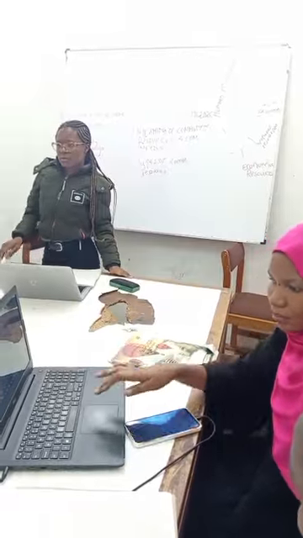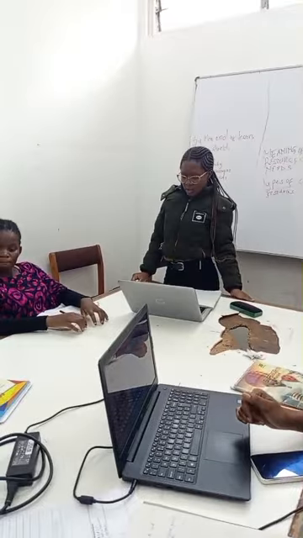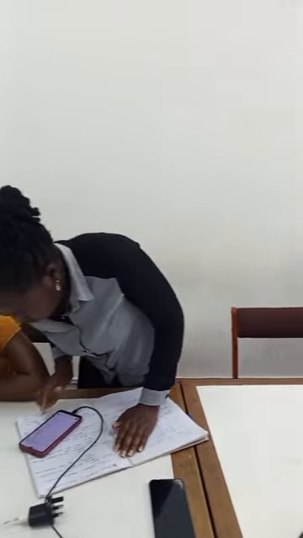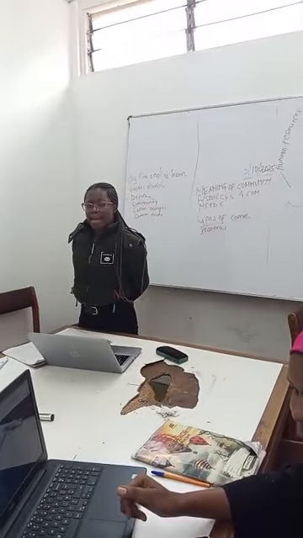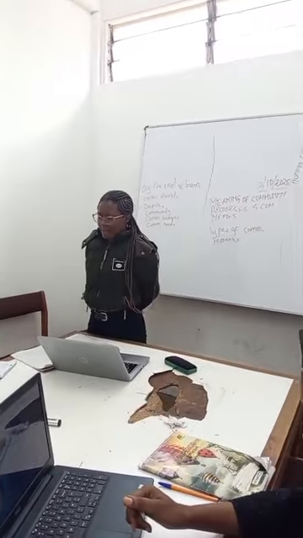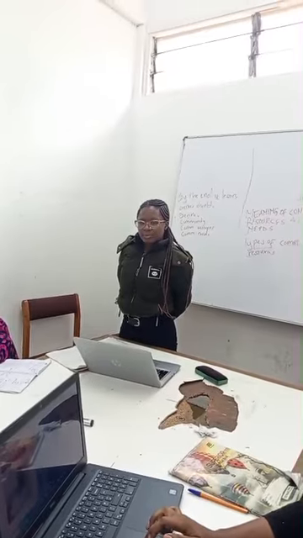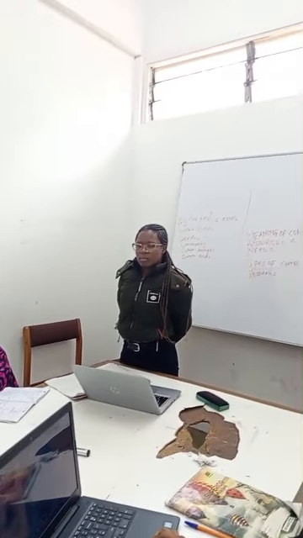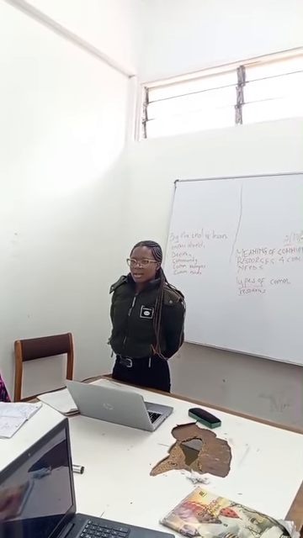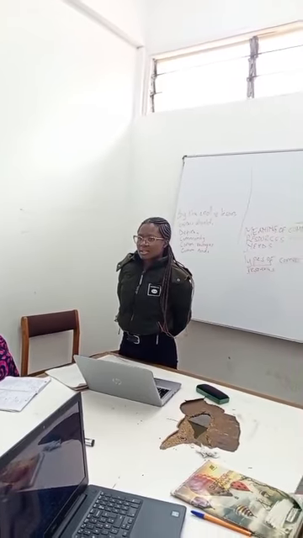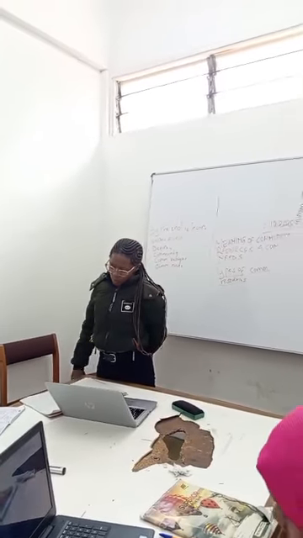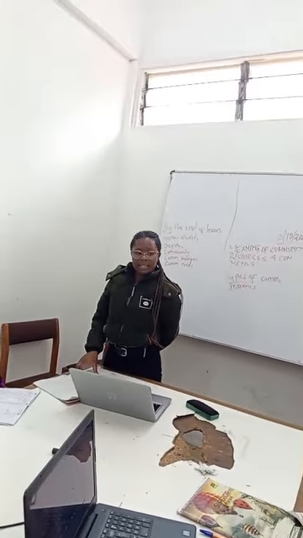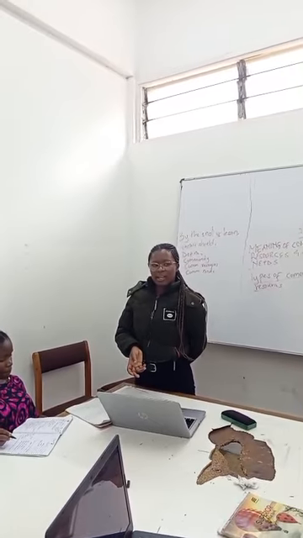In a group of 2 people, get yourself into a group, and then you give me the types of community needs. When you state, you also explain, and then you give us an example, okay?